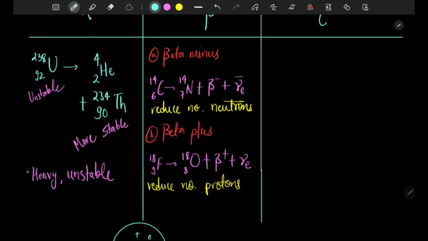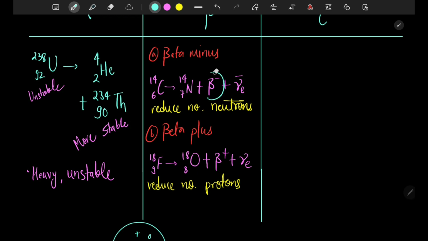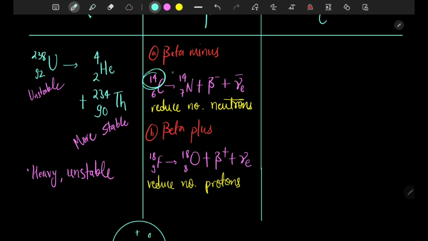So here what is happening is the number of protons has increased from 6 to 7. The mass number remains the same because instead of one neutron we now have one extra proton. So there were 6 protons, 8 neutrons. Now there are 7 protons and 7 neutrons because one neutron has reduced but one proton has increased.